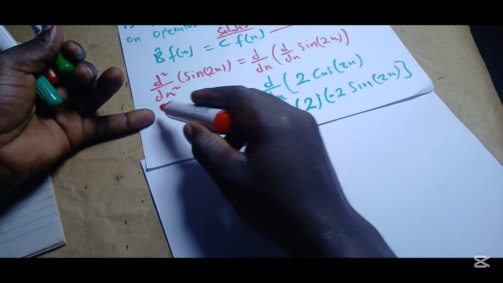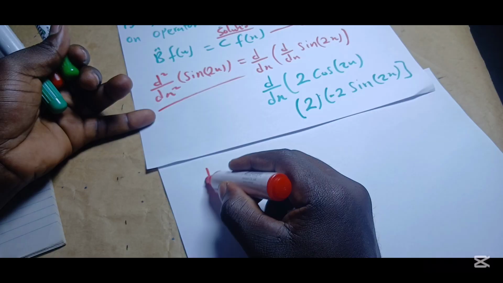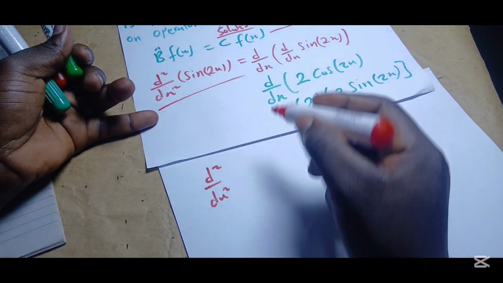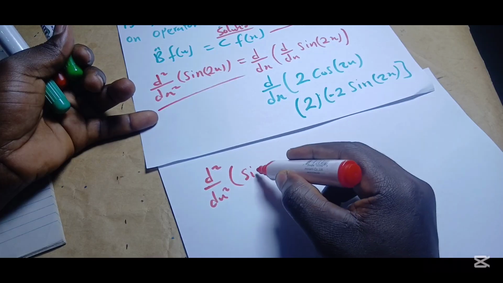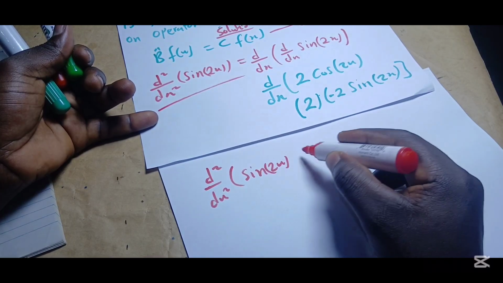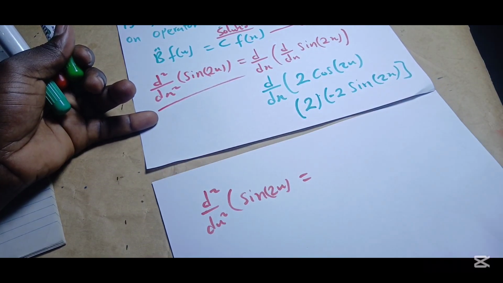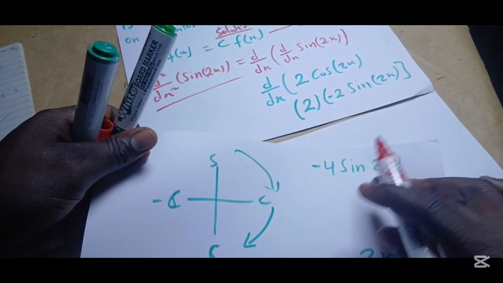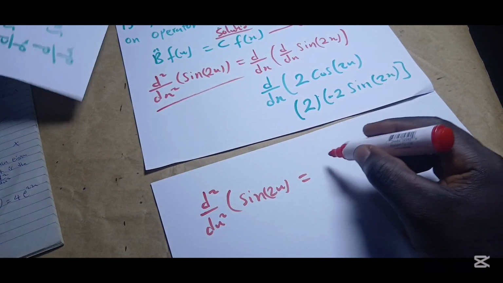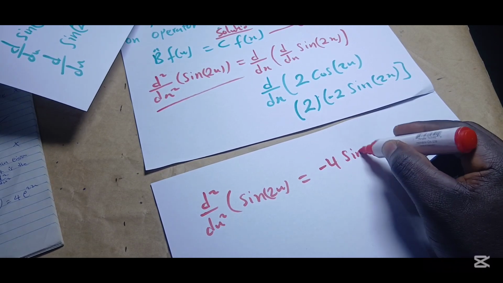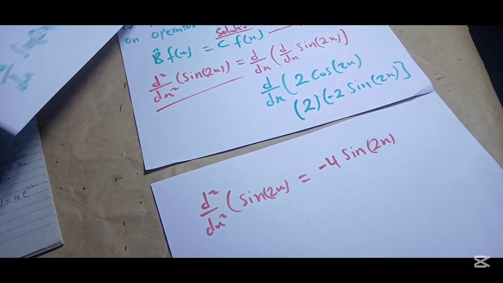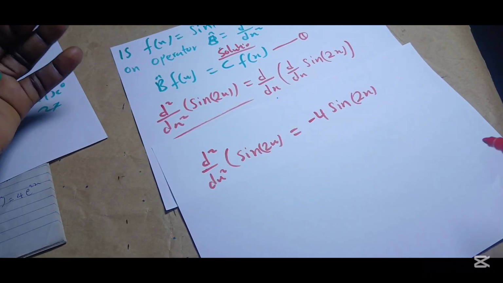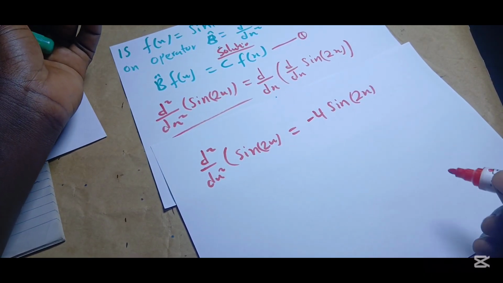So now d squared over dx squared of sine 2x equals minus 4 sine 2x. Is this function f of x an eigenfunction?